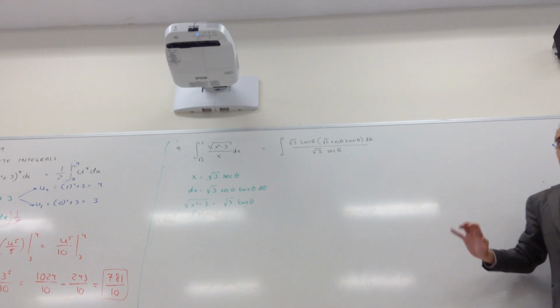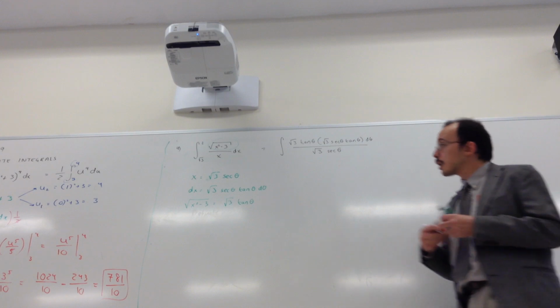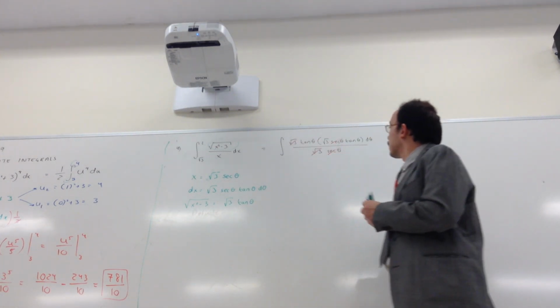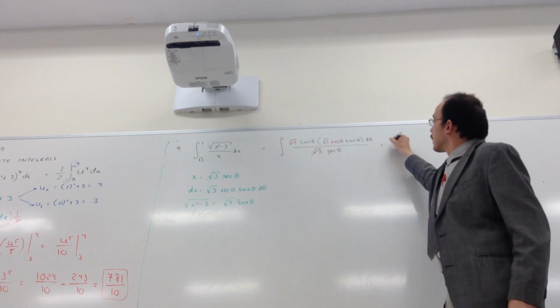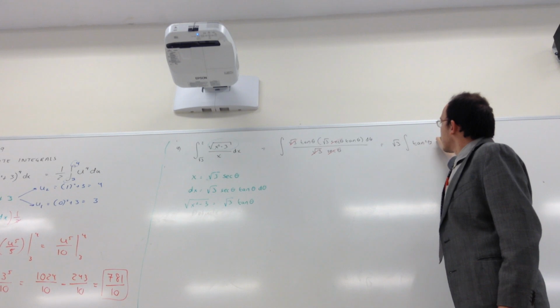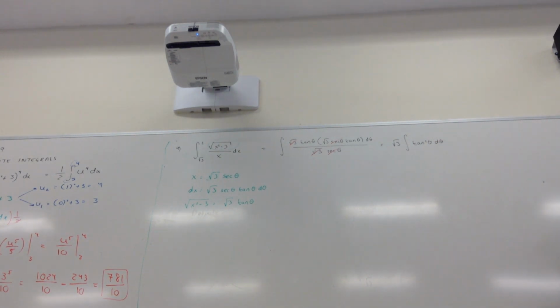I haven't put the limits yet. Can I simplify that? Yeah, so this with this one, this with this one. So square root of 3 integral of tangent squared theta d theta. Okay, so far? Here comes the tricky part.